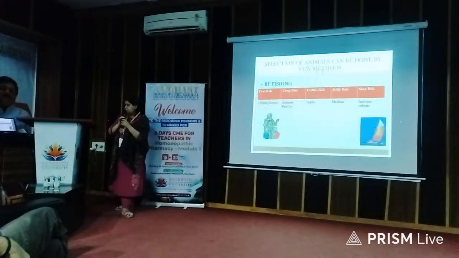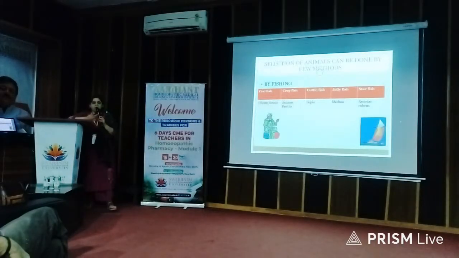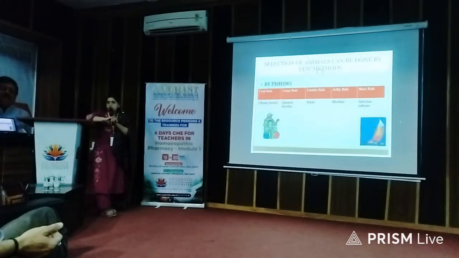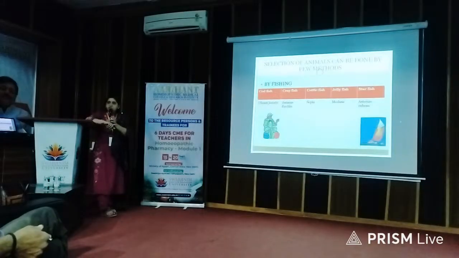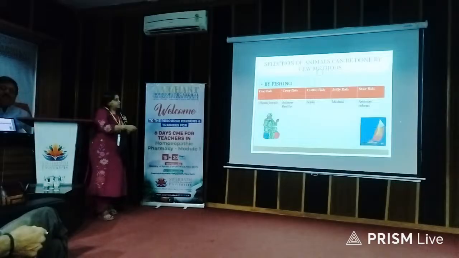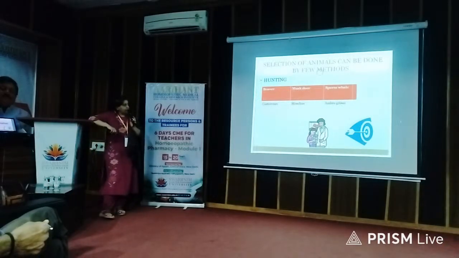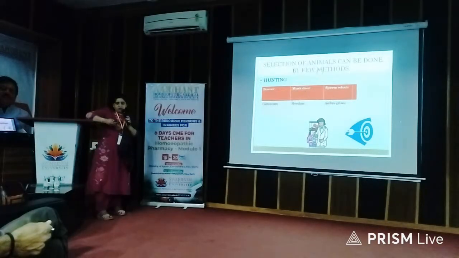So fishing is one of the methods for selection of drugs. Here the zoologist is not going to play an active role. Fishermen will procure the fish, but the zoologist will check the quality and the consistency of the stock available. Hunting is another method, where beavers are hunted and Castoreum medicine is prepared, musk deer, Moschus, and sperm whale, Ambra grisea, are also prepared.